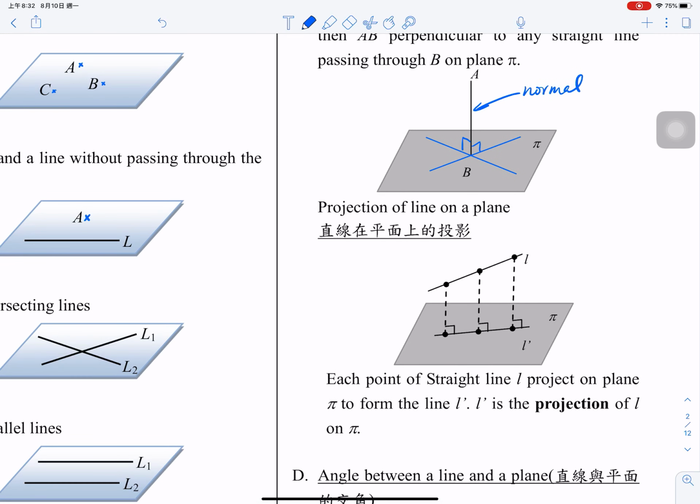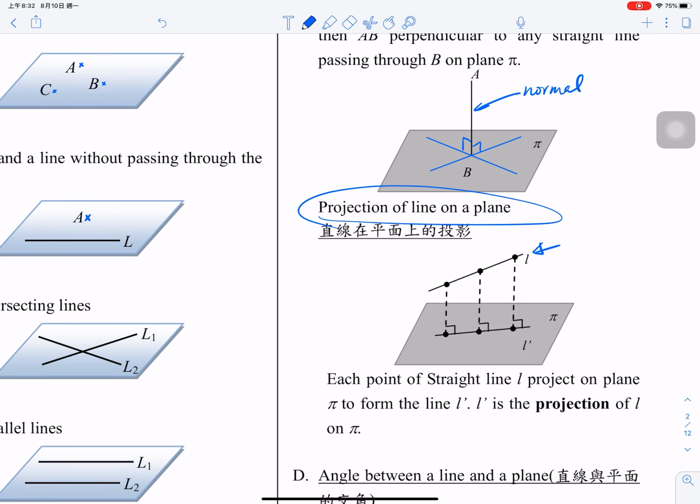Then have a look at the projection of a line on the plane. Here, if now I have a straight line L, not on the plane pi, just a straight line, then think of it like we have a light here, and the straight line L is projected on the plane pi.